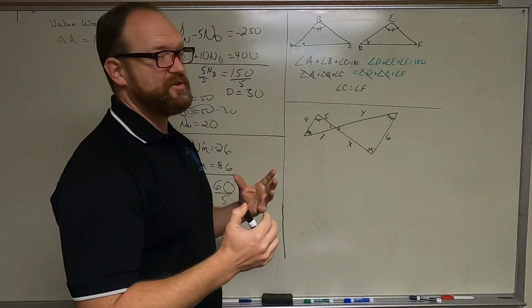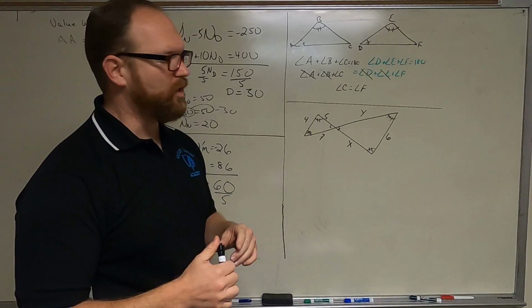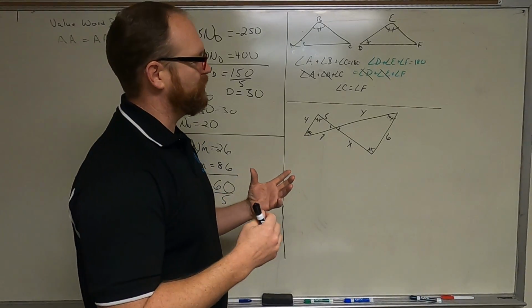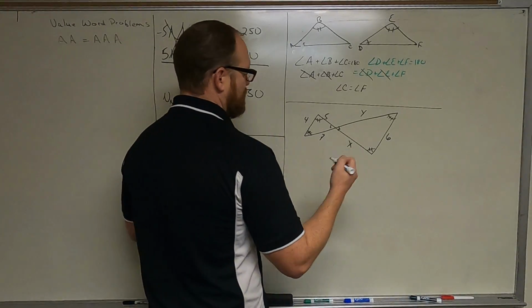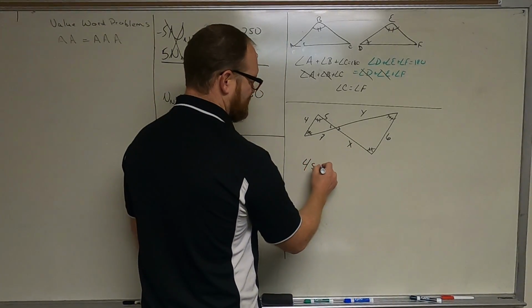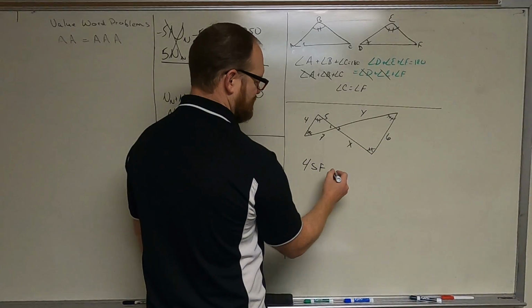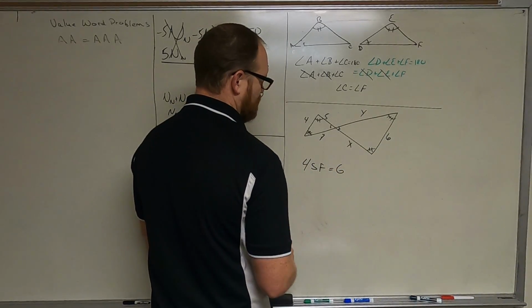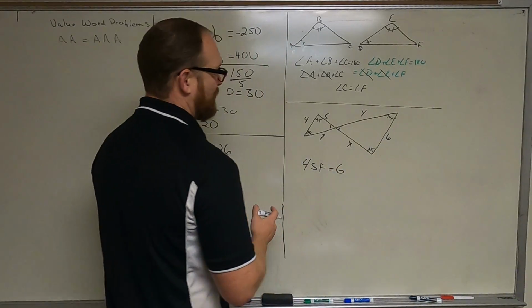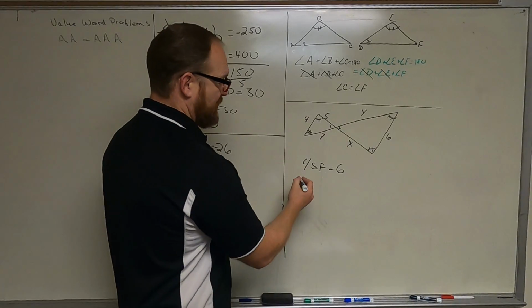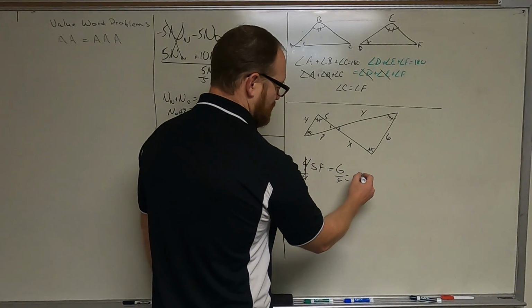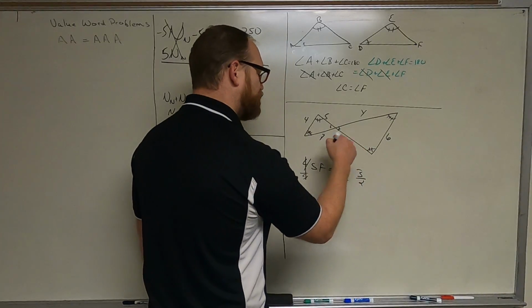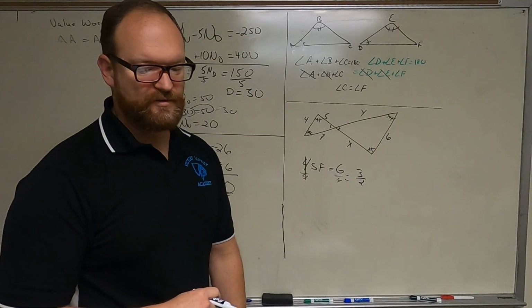And so we can see that these triangles are in fact workable. We're able to find out what X and Y are. So let's just use what we've learned in the past. 4 times the scale factor gets us to 6. So 4 SF equals 6. How do I find out what the scale factor is? Well, divide by 4 on both sides. And so when I do that, I can reduce 6 over 4 to 3 over 2. 3 over 2 is my scale factor.